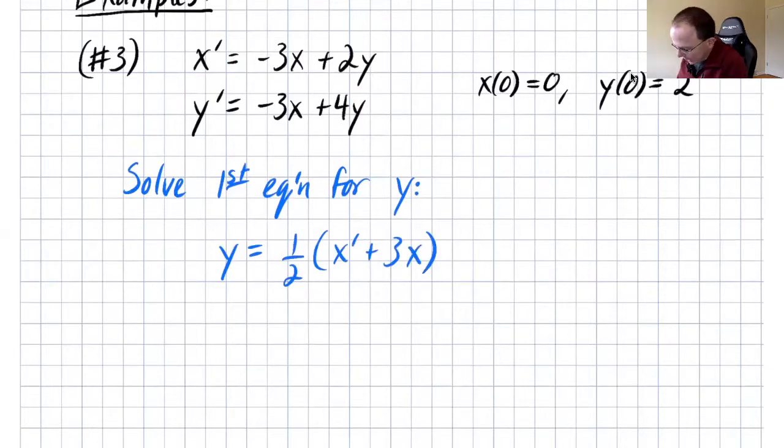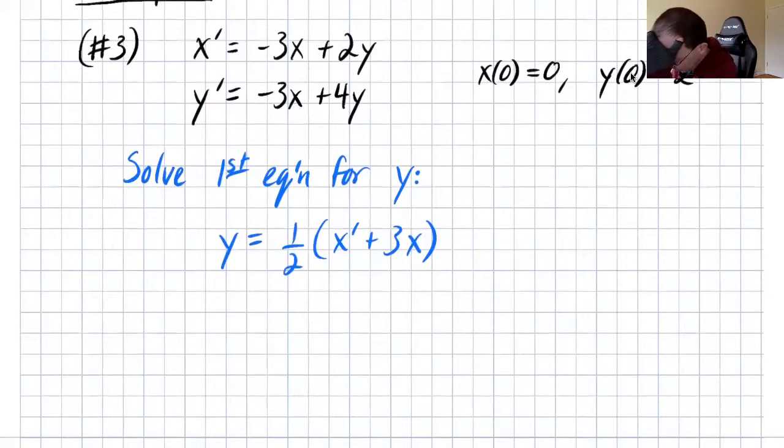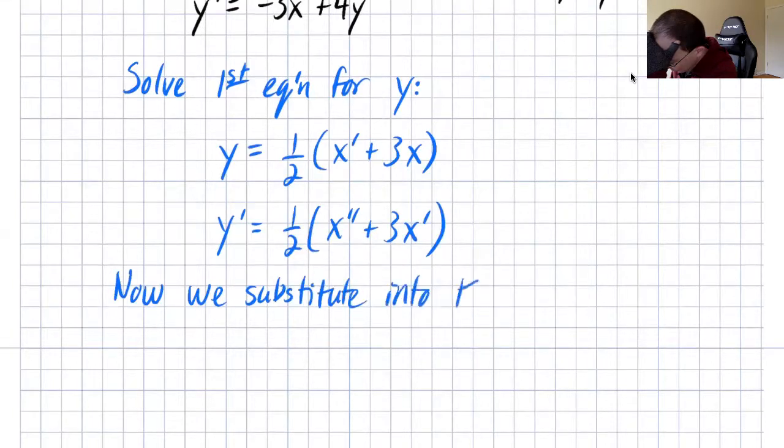Okay, and we're also going to need the derivative of y. So the derivative of y is going to be 1/2 x double prime plus 3x prime. Okay, and now we substitute into the second equation.